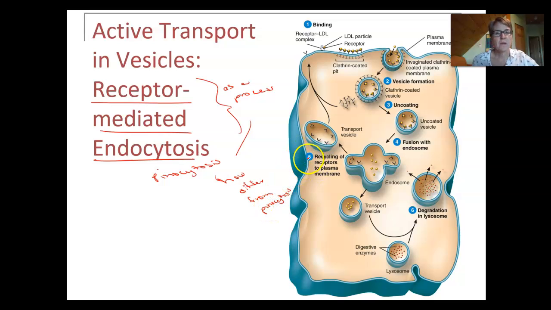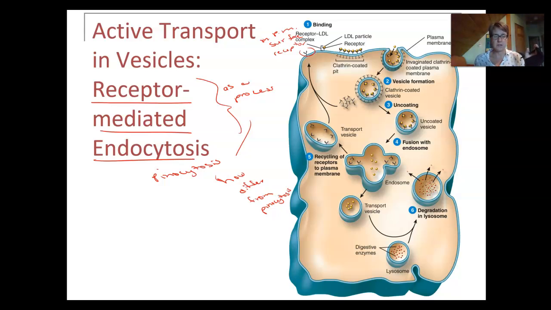Pinocytosis, all right? So what I have is I have these little receptors on my plasma membrane surface. And these little receptors are very specific. If I'm a receptor, I'm very specific. I only recognize one thing. That's like saying, I am only going to drink Coca-Cola.